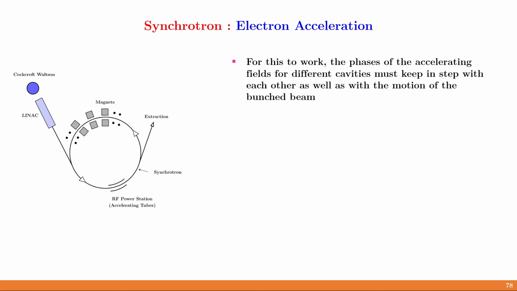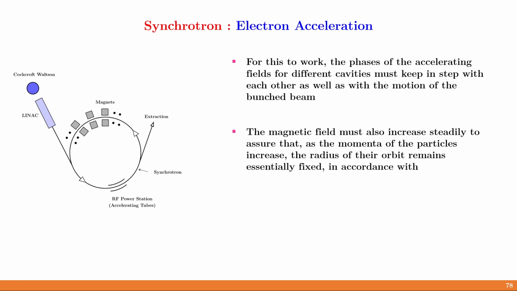For this to work, the phases of the accelerating fields for different cavities must keep in step with each other as well as with the motion of the bunched beam. The magnetic field must also increase steadily to assure that as the momenta of the particles increase, the radius of their orbit remains essentially fixed, in accordance with the expression R equals P over 0.3 times B.